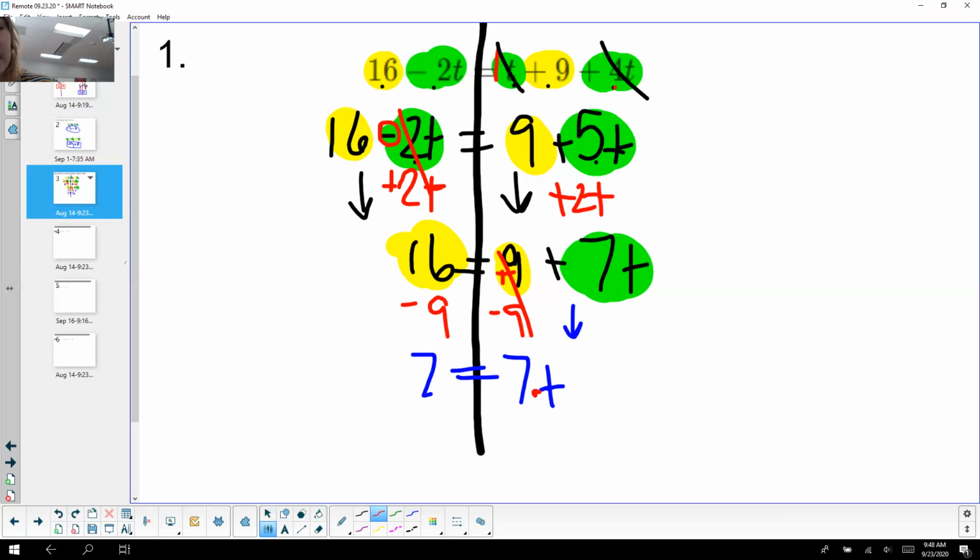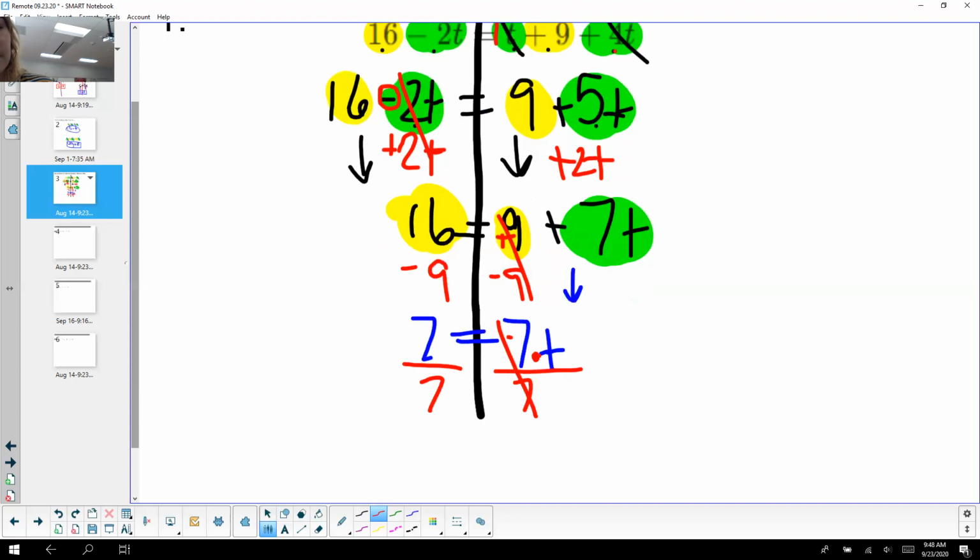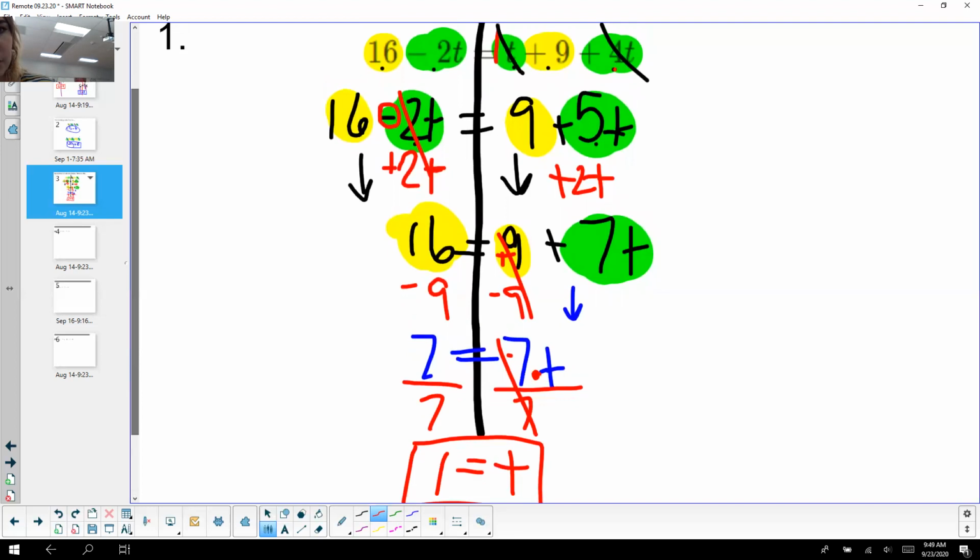So in order to get t by itself, because remember we're solving for that missing variable, we're going to go ahead and divide both sides by 7. That's going to cancel. I'm going to be left with t equals 7 divided by 7, which is 1. All right, and I'll leave that there for a second for you guys to copy that down. Think of any questions you may have.